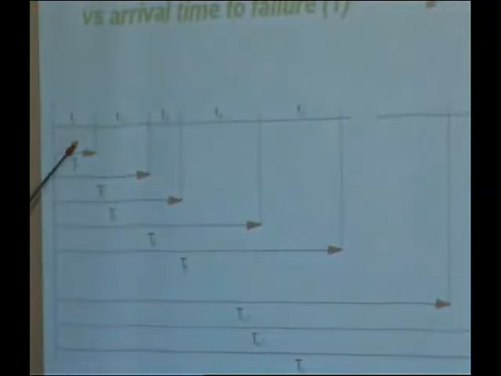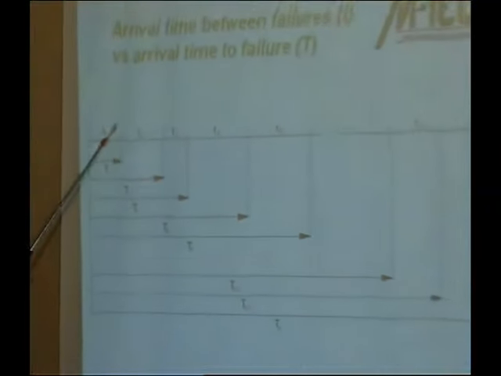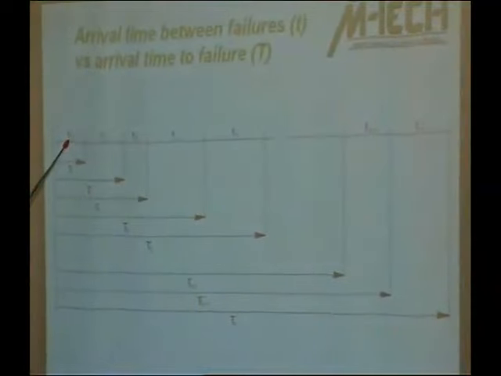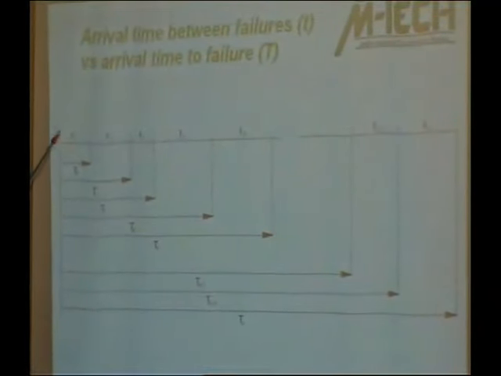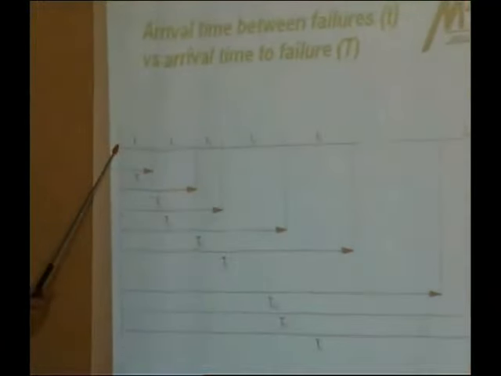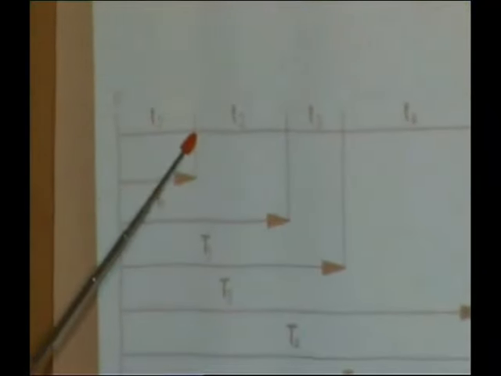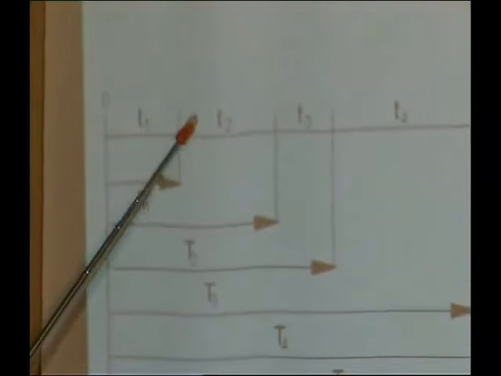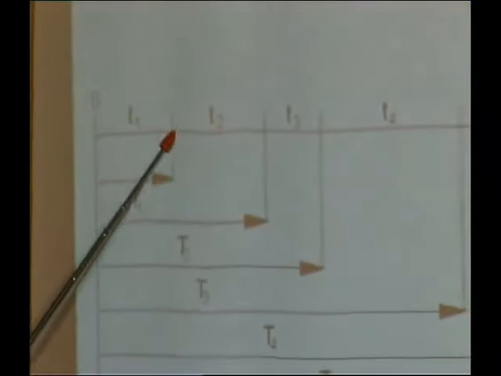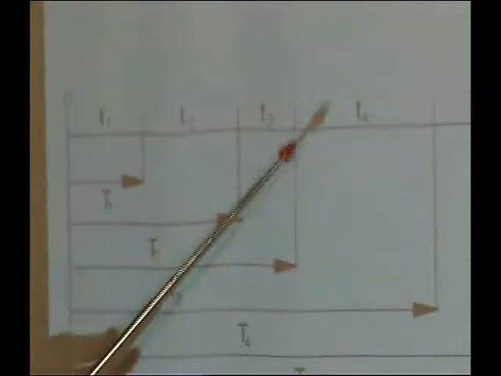And here's the relationship. In renewal theory, we worked with the inter-arrival times between failures. In other words, we worked from the installation of a component to its failure was T1. T2 was the installation of the next component up to its failure, and so forth.